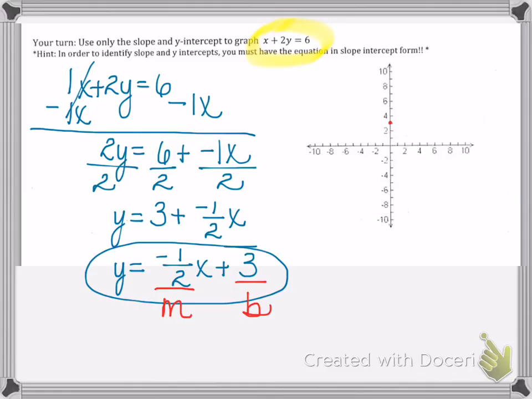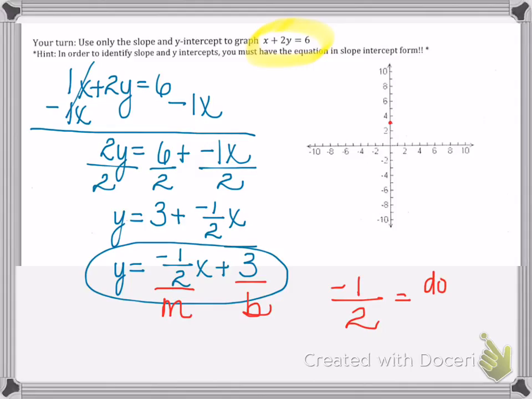Next, I'm going to use my slope. Starting at the y-intercept, I'm going to use my slope of negative 1/2 to count out where I'm going to go. So looking at what the slope tells me, the slope is a negative 1/2. Remember, the numerator of your slope is y.